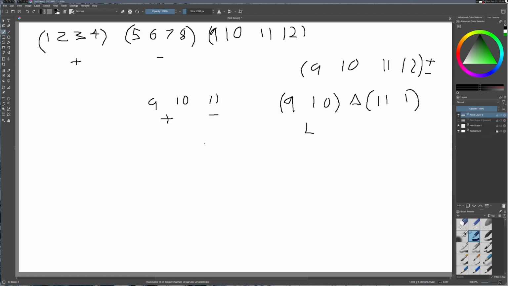If it doesn't lean anywhere, then we know that there are two possibilities now, that 12 is either heavier or lighter. If it leans towards the right, then it's the same thing up here, except the signs are flipped. 9 and 10 would either be lighter, or 11 would be heavier.